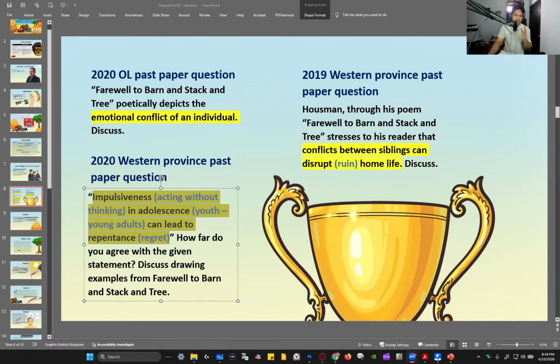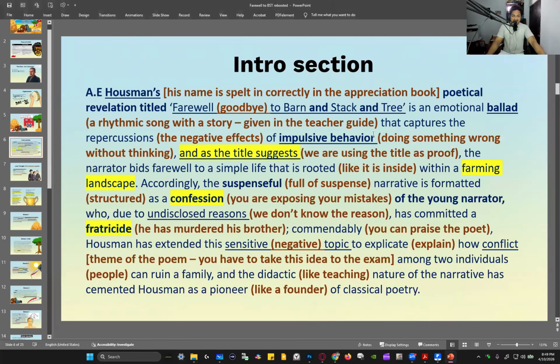Too complicated. Bullshit. This is what real literature is. It is my job to teach you the actual subject. So all of these words that I am teaching you will help you in the exam.